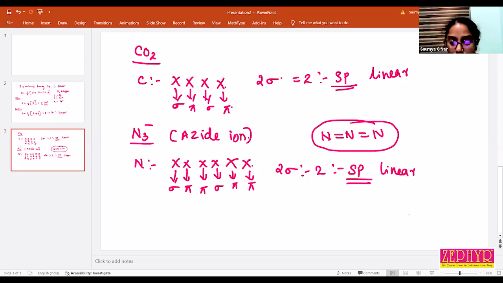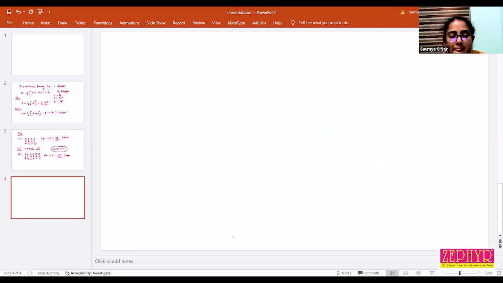Next one, NO2. Nitrogen is the central atom.